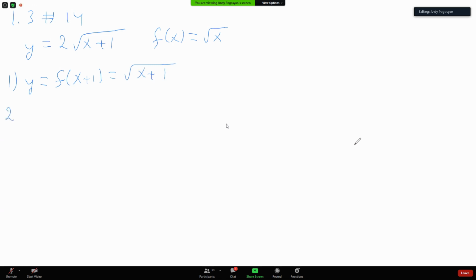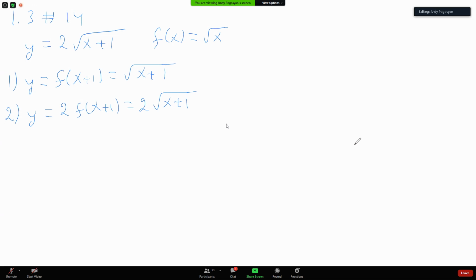And second, y equals 2 times f of x plus 1, which is 2 times square root of x plus 1. So when you change x by x plus 1, it will be shifting horizontally 1 unit to the left. When you multiply by 2, it will be stretching vertically by a factor of 2.